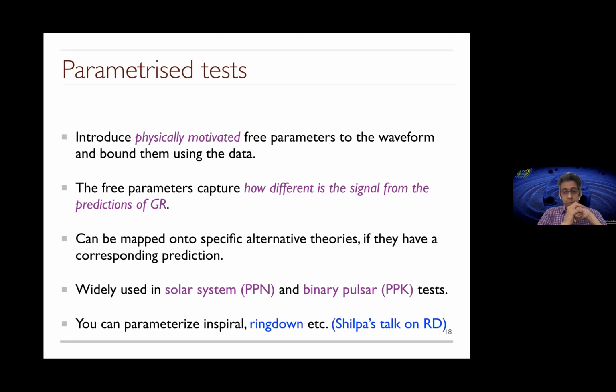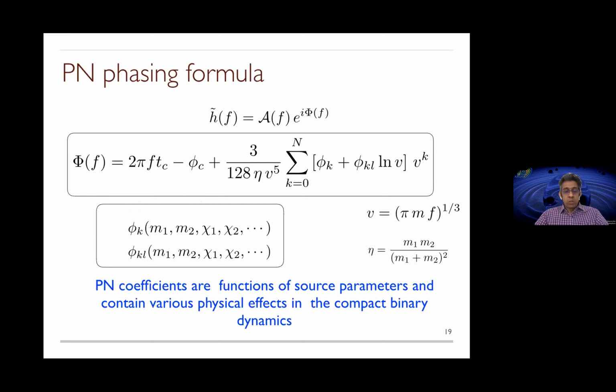So this has been largely successful. I'll be focusing on the inspiral test, whereas Shilpa's talk in the afternoon should talk more about the ringdown. We can also parameterize the ringdown, but I won't have time to go into the ringdown test here. Okay, so let's go into more detail.